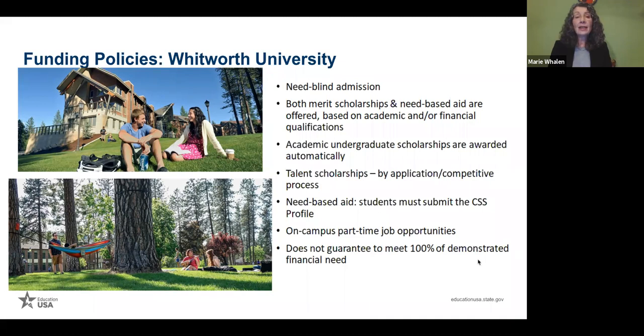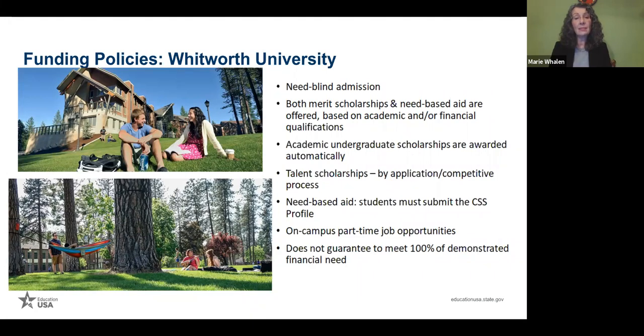Our academic undergraduate scholarships are awarded automatically. Students don't need to apply separately for those, though they do for talent scholarships, because those are competitive in nature. For need-based aid, students must submit the CSS profile.